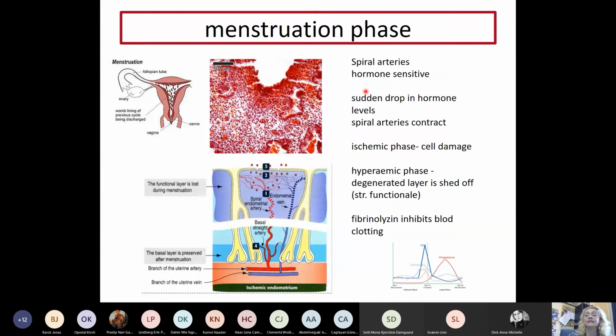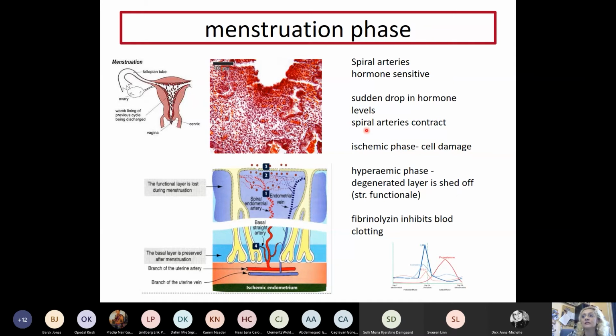So I already said that the spiral arteries are hormone sensitive. So what happens if there is no pregnancy? I just refer again to these graphs with the hormonal changes, that the hormone levels drop, progesterone and estrogen too.